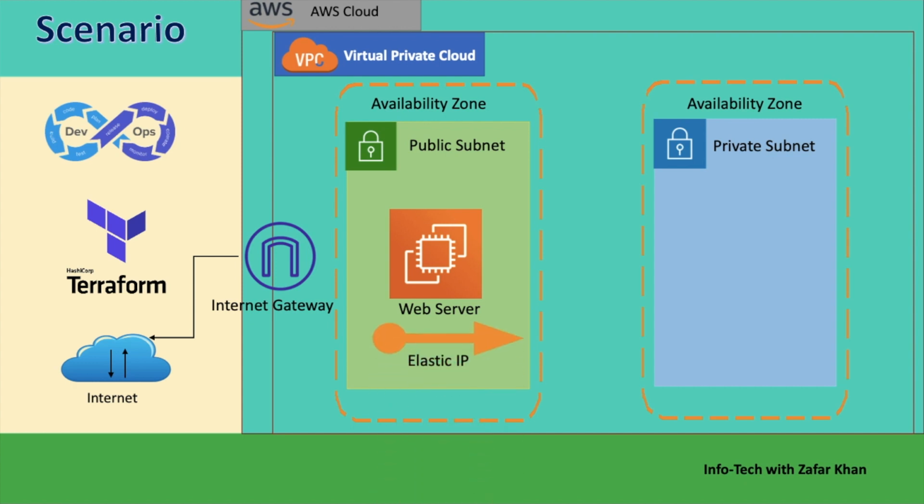So now what is an elastic IP? An elastic IP address is a static public IPv4 address associated with your AWS account in a specific region. Unlike an auto-assigned public IP address, an elastic IP address is preserved after you stop and start your instance in a virtual private cloud.